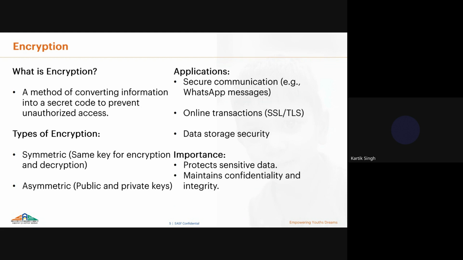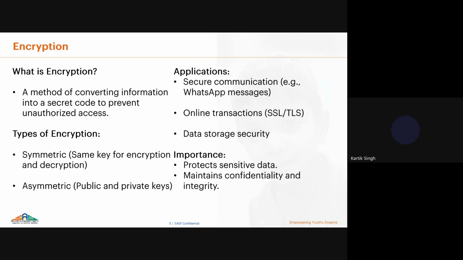Like encryption is written in plain text, it will be just jumbled characters. It will be written in some different kind of a way that is not readable to a human. So that is what is known as encryption. It is a method of converting information into a secret code to prevent unauthorized access.